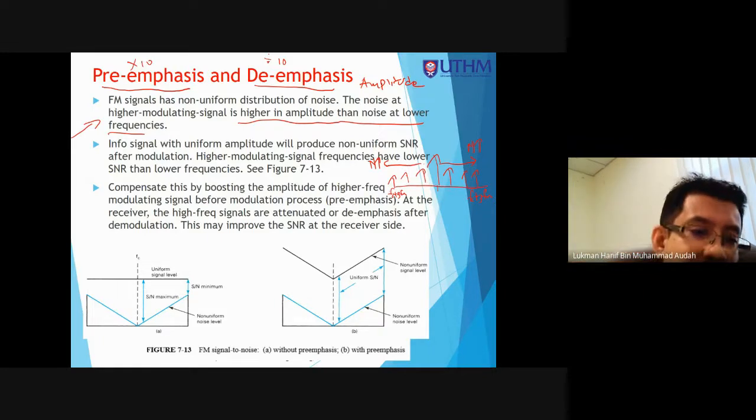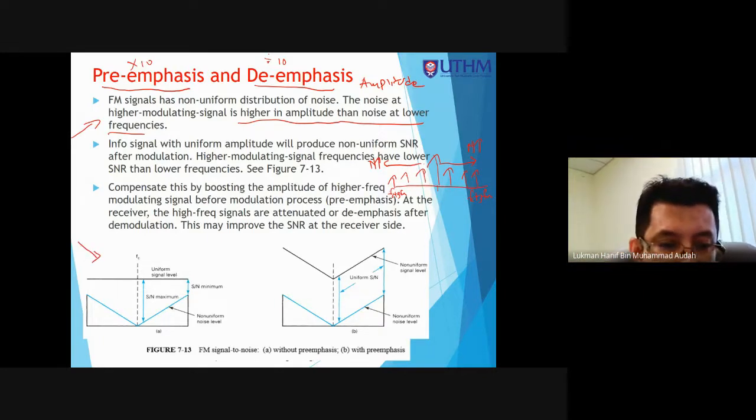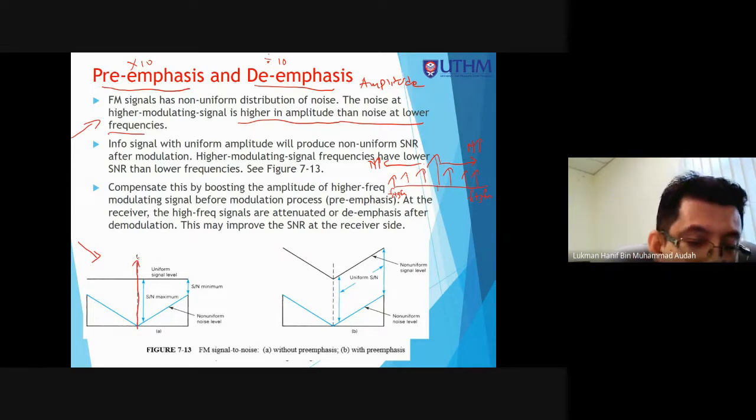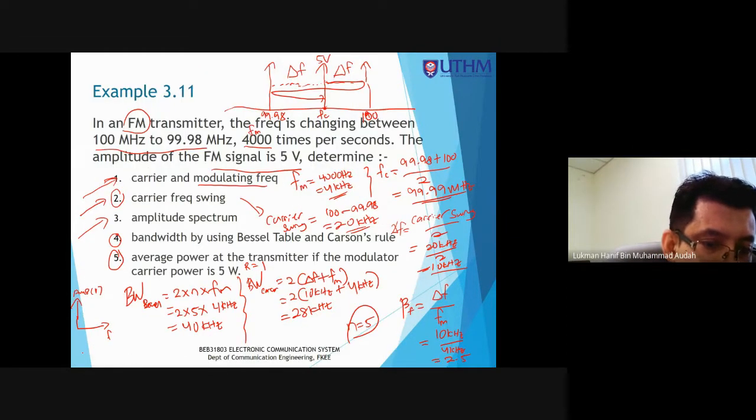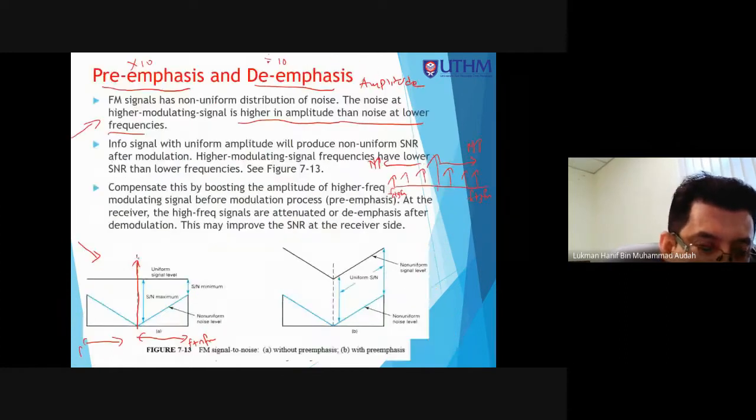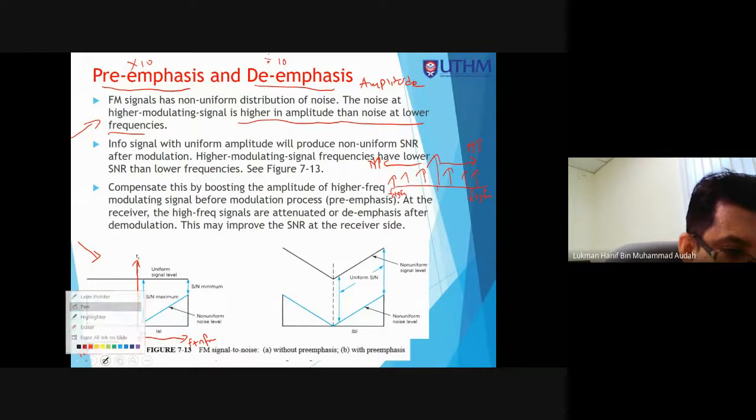Okay, so ini ada gambarnya di sini. Okay. So you see that here FC is here, center. And over here is, you can see that until FC plus N FM. Here is FC minus, so FC plus, FC minus N FM.